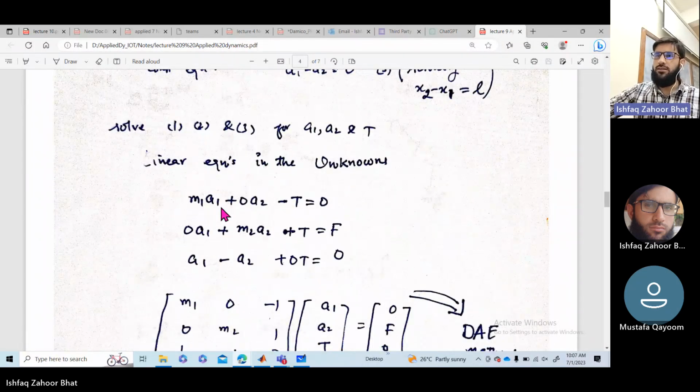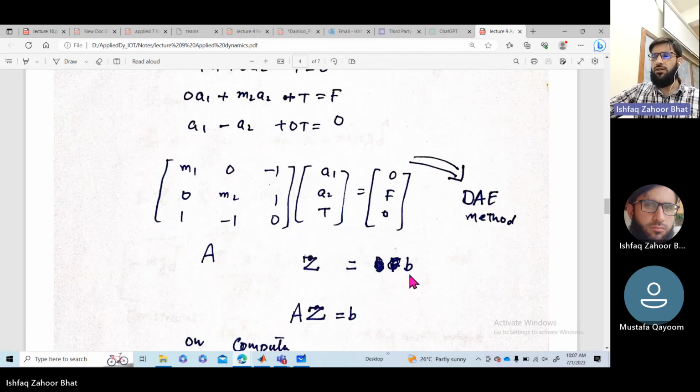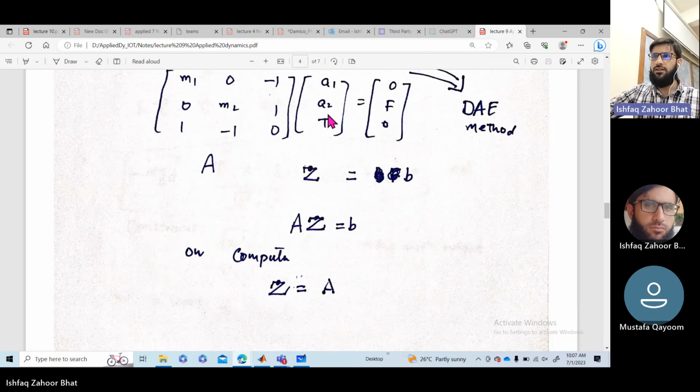Then we rewrote this equation in matrix form, and this was what we got at the end: A zeta double dot equal to B. Here zeta double dot is nothing but the acceleration of the first mass, the acceleration of the second mass, and the tension in the rod. So we can solve for this vector by zeta double dot equal to A inverse B.